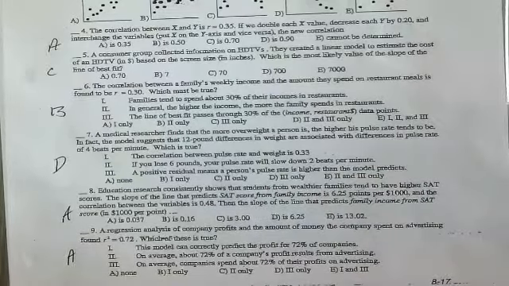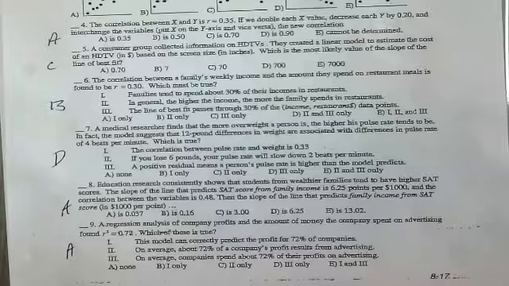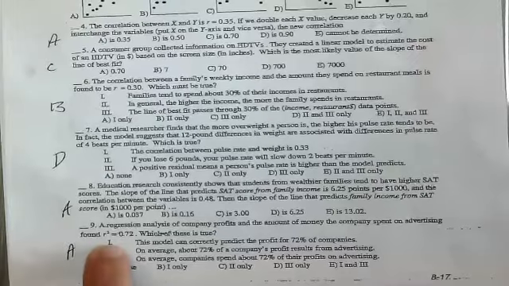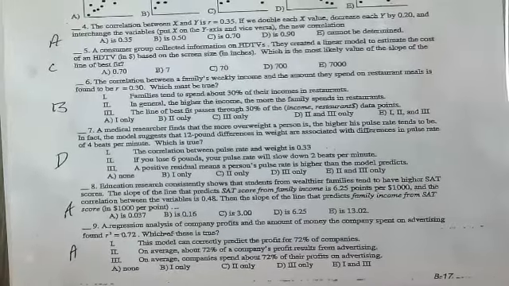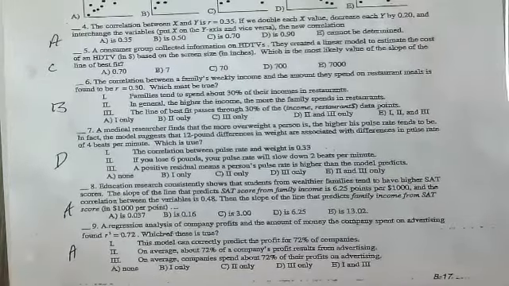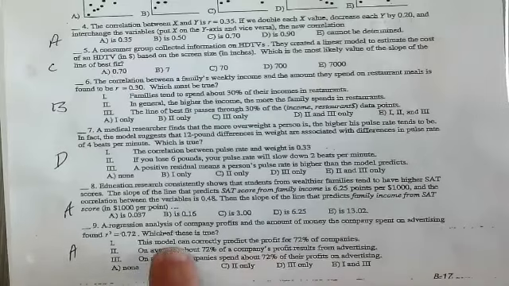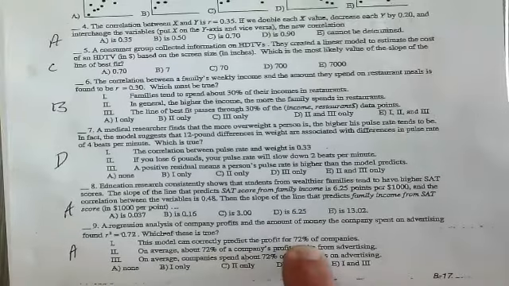Okay, number 9. A regression analysis of company profits and the amount of money the company spent on advertising has an R squared of 0.72. It's R squared. So 72% of the variability in company profits can be accounted for by the variability in the amount of money spent on advertising. But none of these say that. This model can predict the profits for 72% of companies?